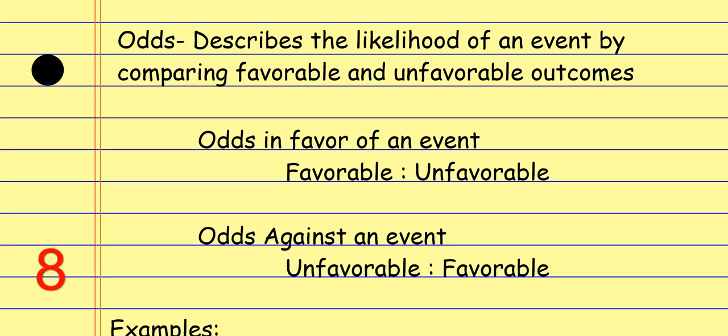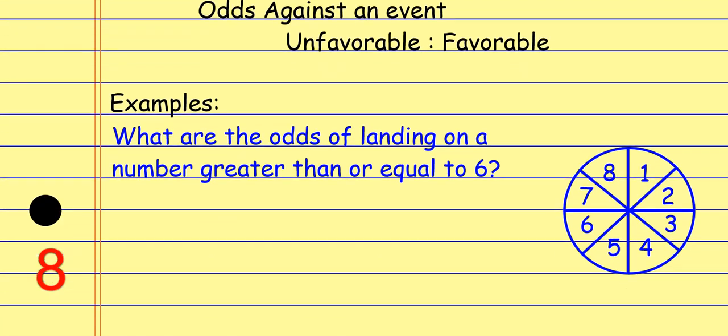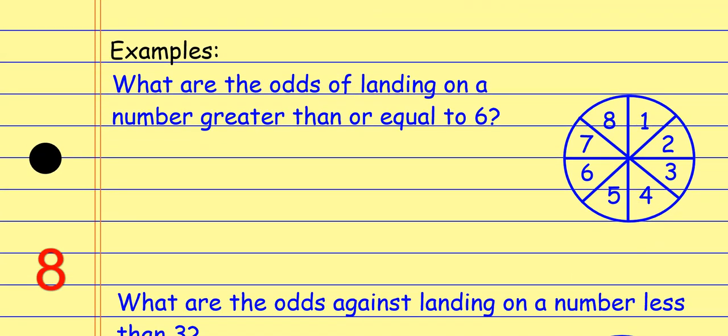For example, here it says, what are the odds of landing on a number greater than or equal to 6? So in this scenario, think of this like a spinner, like we've got a little thing on here and we flick it and it spins around, all right, and then lands on one of these guys, all right? That's the situation that we're talking about here.